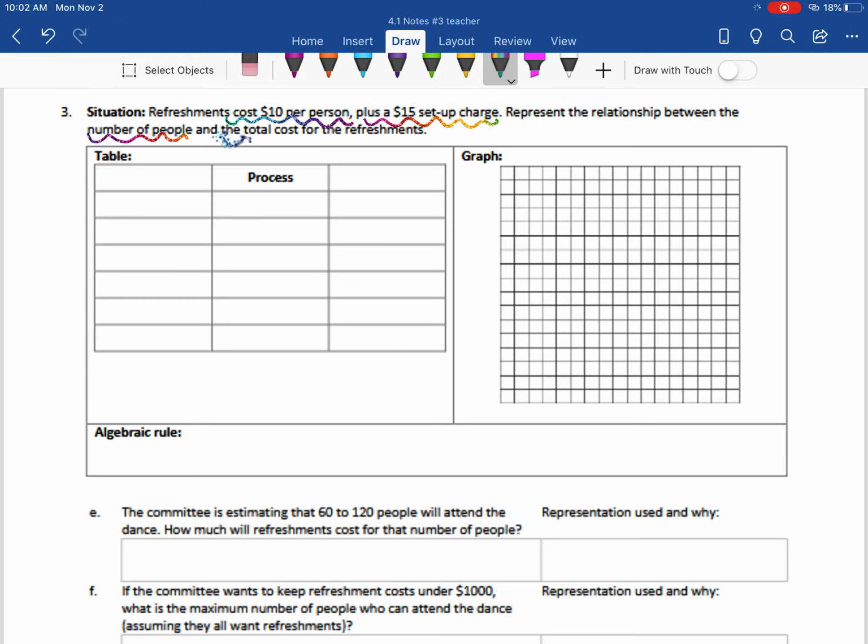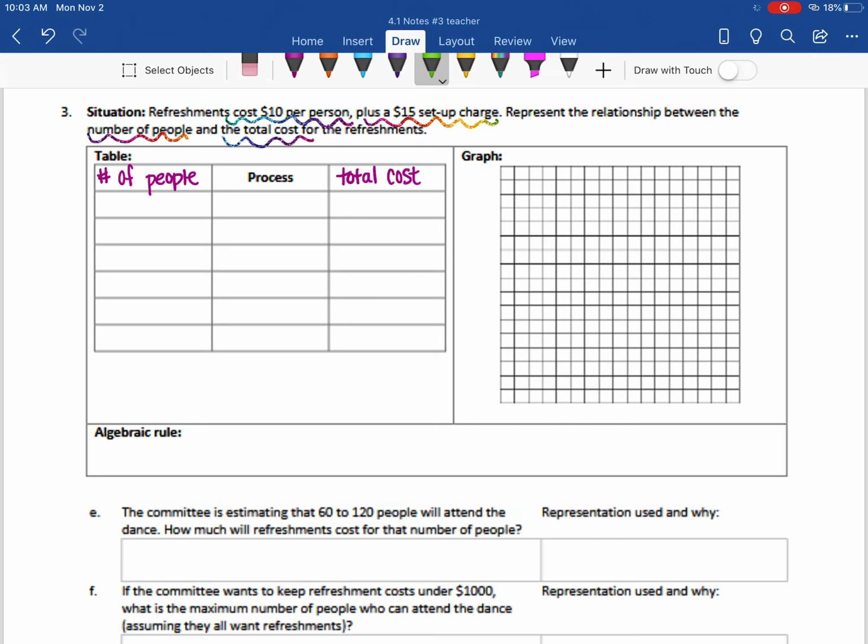Okay, so let's set up the table. We know that we're looking at the number of people and the total cost. All right, so thinking about a dance, dances typically have a lot of people, so it wouldn't make sense for us to count by ones in our table.